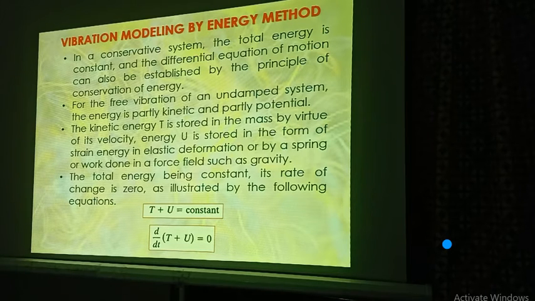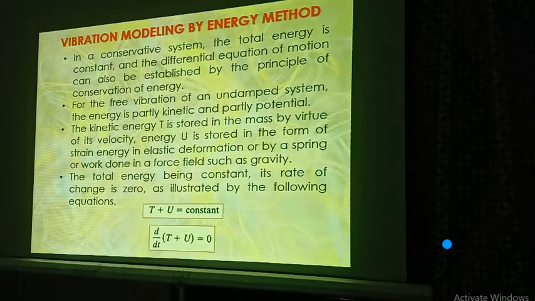In this method we can see that the sum of all energies associated with the particular system will remain constant. Suppose we have a mass spring system. The energy associated with the mass is kinetic energy, the energy associated with the elastic element or spring will be potential energy, and the energy associated with the damping element will be damping energy or damping force.